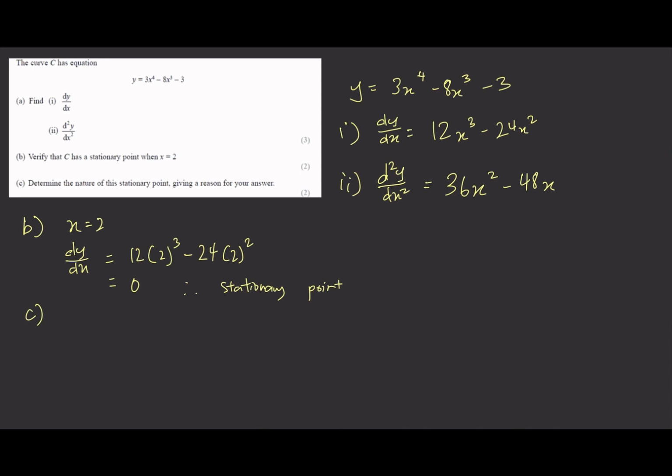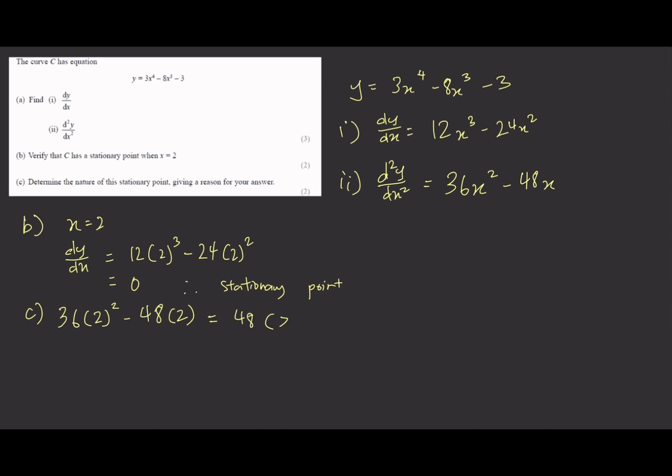For x equals 2, we can use the second derivative: 36 times 2 squared minus 48 times 2, which is more than 0, and thus it is also a minimum point.